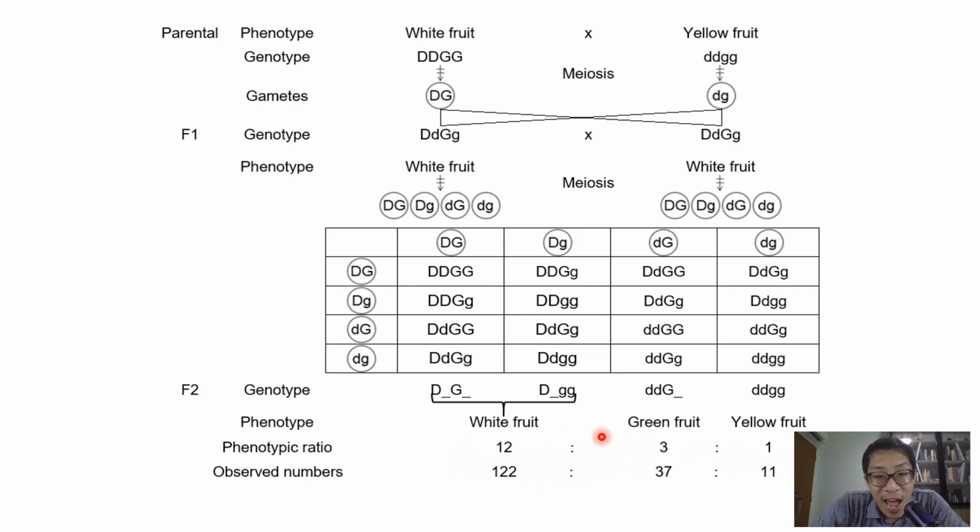Okay, and we know that the genotypes that have got big D, regardless of the genotypes for G, would give you white fruit. And then the green fruit for small d, big G, and the yellow fruit for homozygous recessive for both genes. So instead of the 9:3:3:1, the 9 and 3 are added together, and therefore it's a 12:3:1.